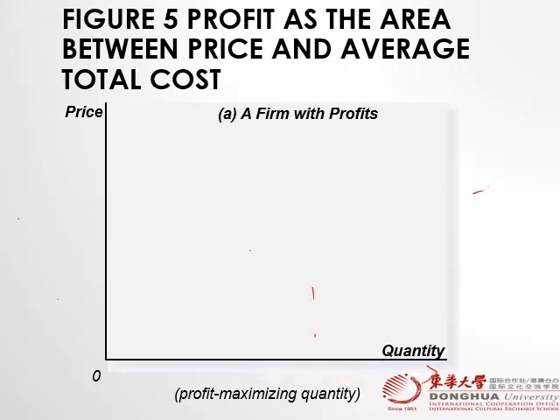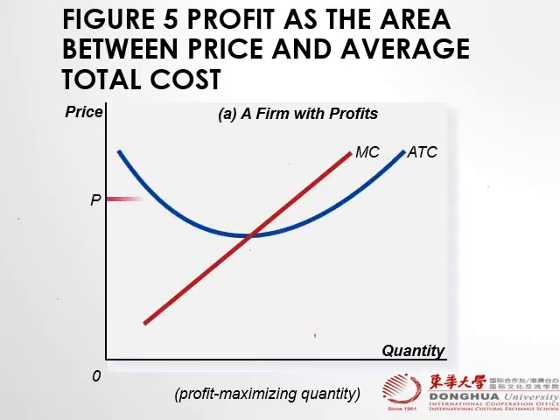Okay, just wait a second. Okay, so we have here MC and ATC. MC crosses the ATC at its minimum.